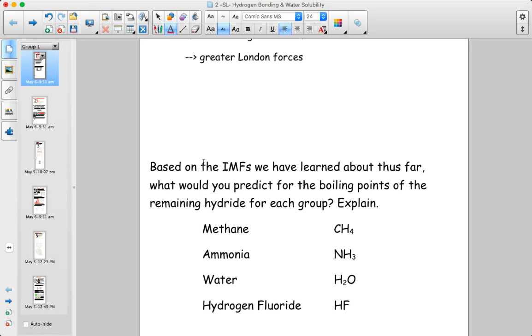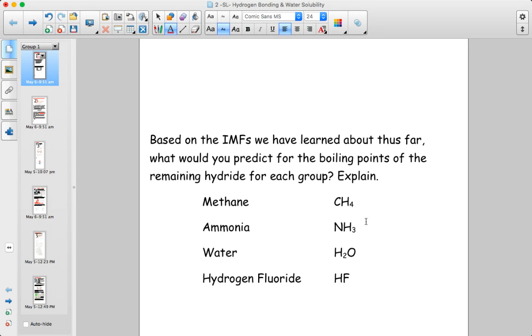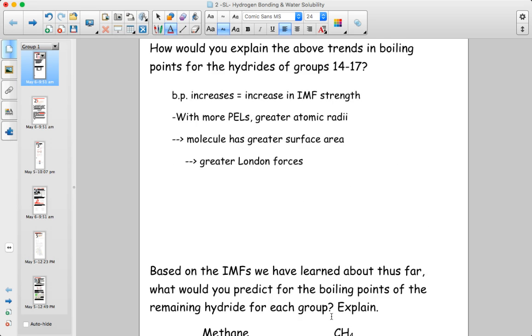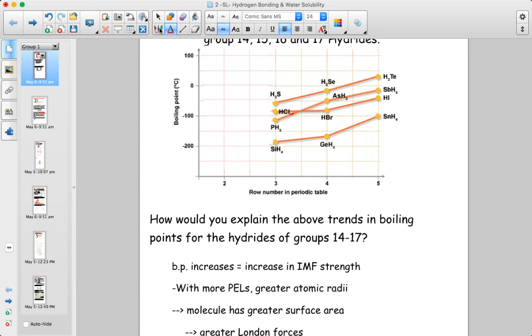Now, based on what you know about IMFs, if we had to predict where these 4 compounds would end up on the same graph, well, these are the compounds from group 2. So based on this trend alone, you should probably predict that for group 2, they would end up somewhere lower, like somewhere down here, somewhere down here, somewhere down here, somewhere down here.